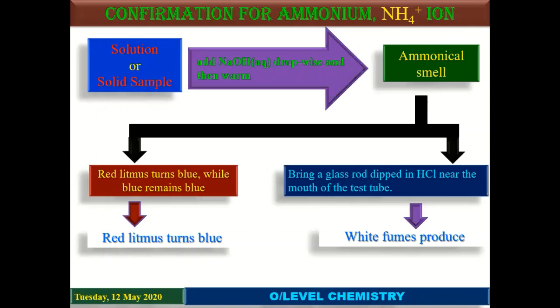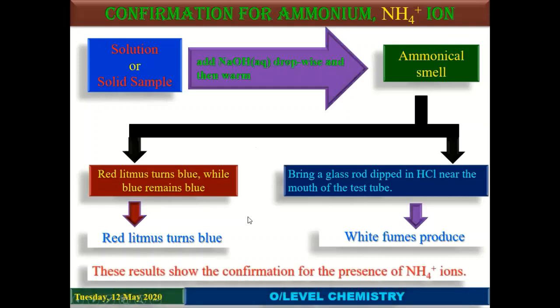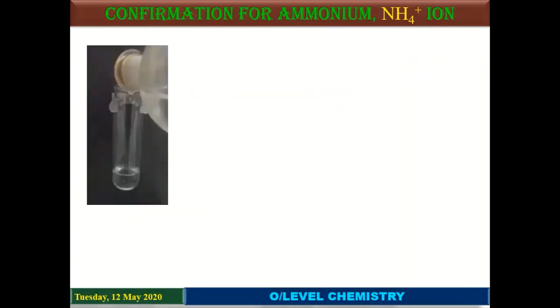Red litmus turns blue. If you are using blue, blue remains blue. And in your syllabus, only ammonia gas is alkaline in nature and can convert red litmus into blue. So we perform both the tests, and both of these results show the presence of ammonium ion.